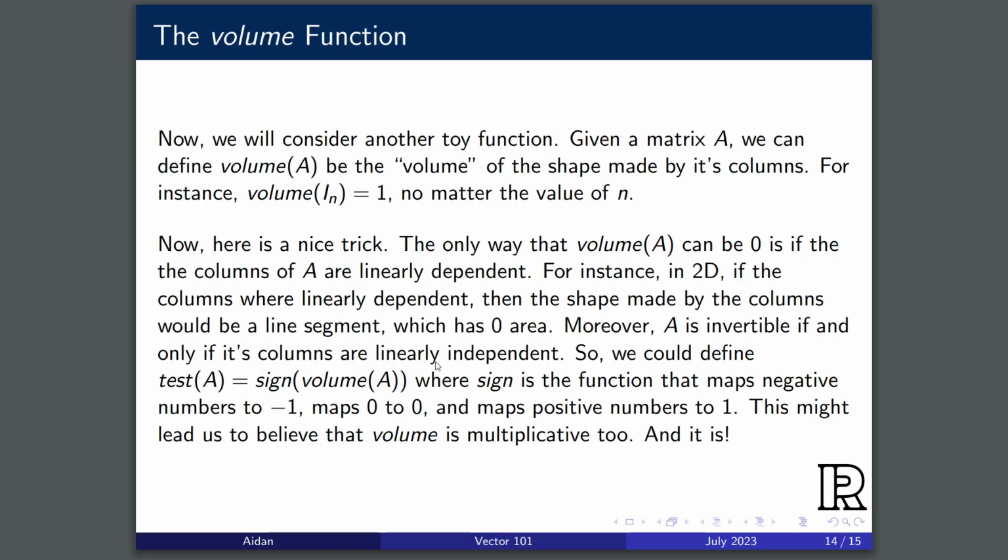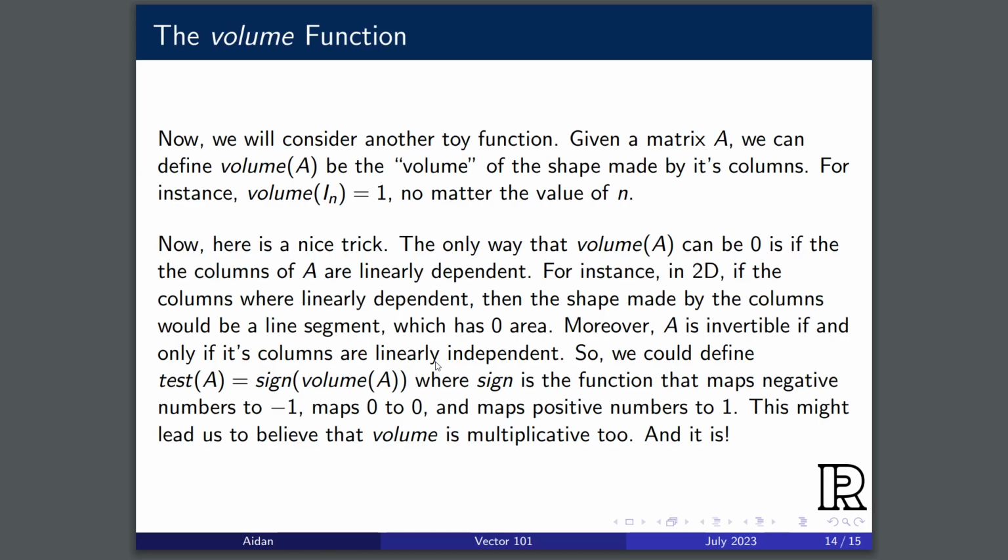But basically, if the columns of A are linearly independent, then A will be invertible. Moreover, the only way that the volume of A can be 0 is if the columns are linearly dependent. As we saw in the 2D example, the only way to make that area go to 0 is to take those two vectors and have them be on the same line.